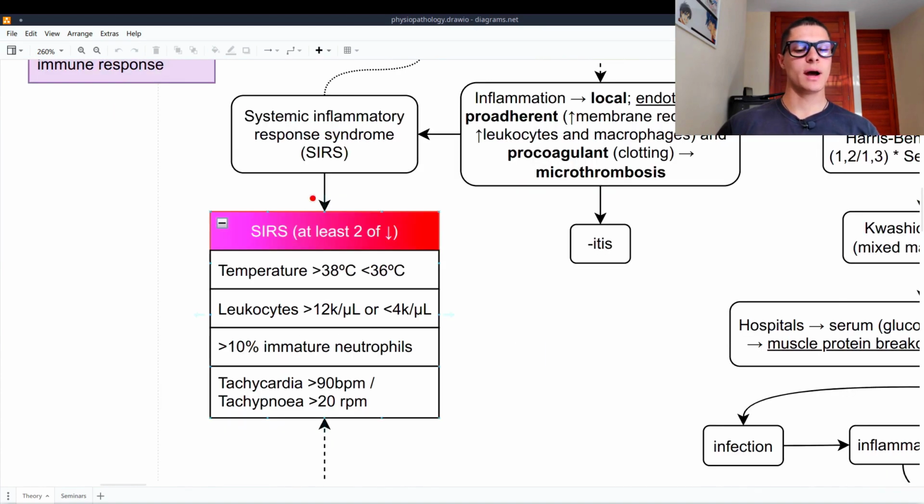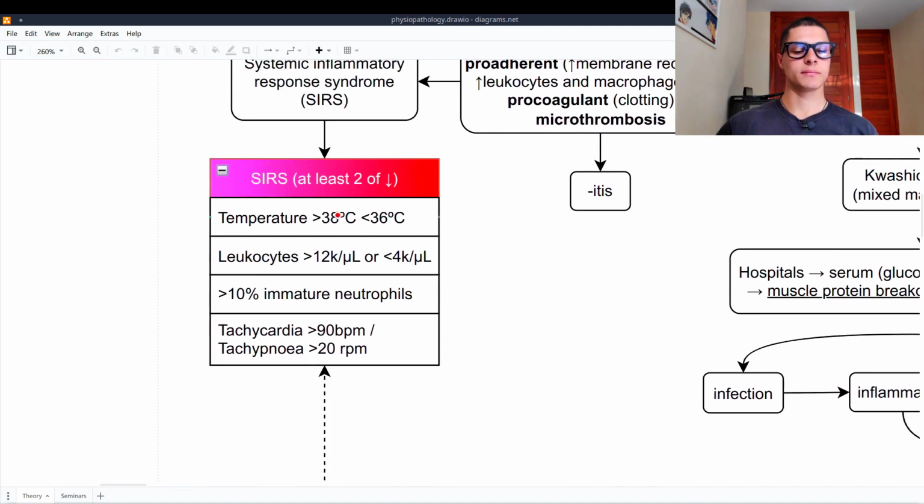And you have this when you have at least two of these: a high temperature or a low temperature, so not in normal ranges, fever for example; when your leukocytes are either too high or too low; when there is more than 10% of immature neutrophils; and when you have either tachycardia or tachypnea.